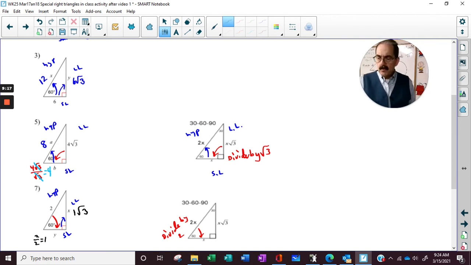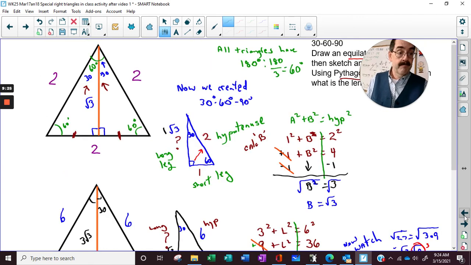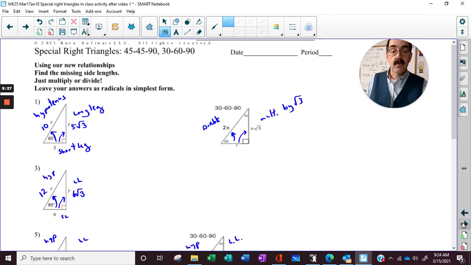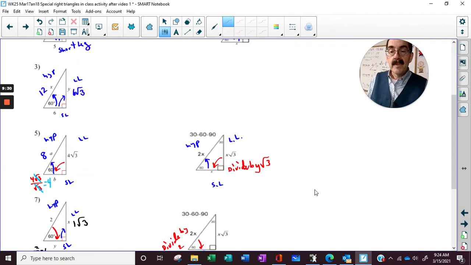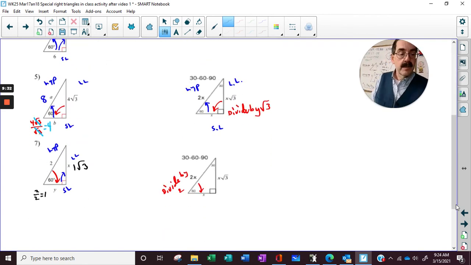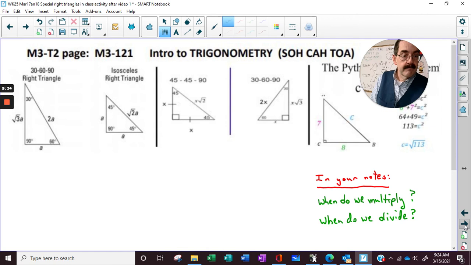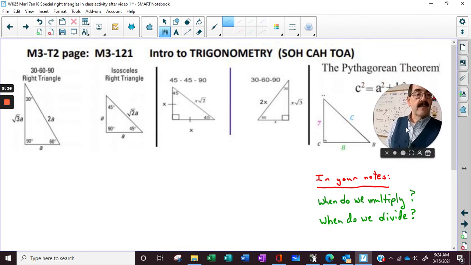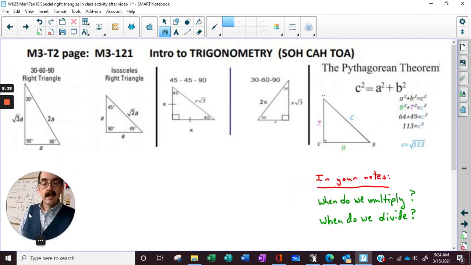Okay, thanks for working through these. The key was, can we identify a relationship and not have to do all that math, Pythagoras, over and over and over? Okay, so special right triangles, the 30, 60, 90, and the 45, 45, 90. I want you to make sure you put it in your notes.